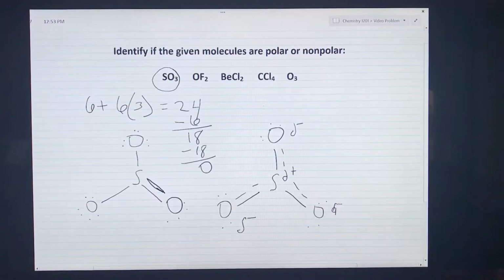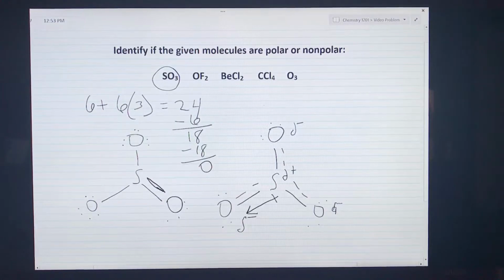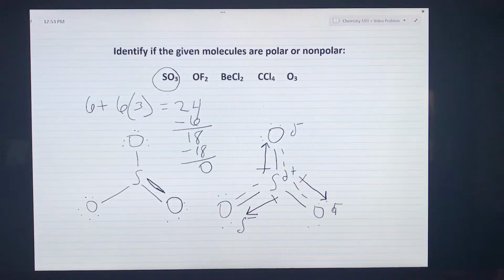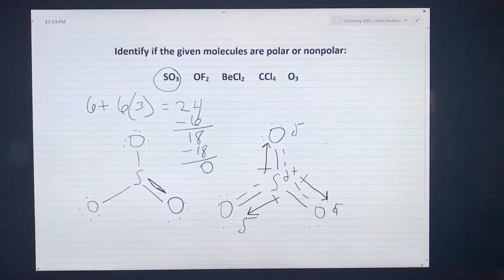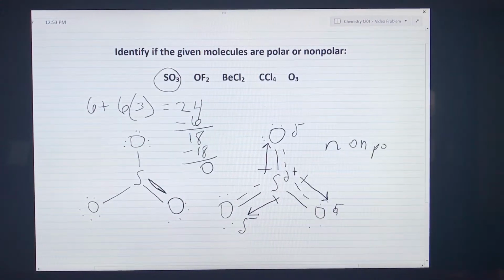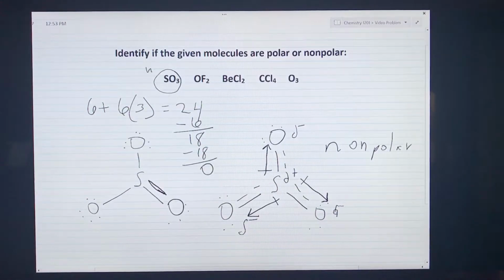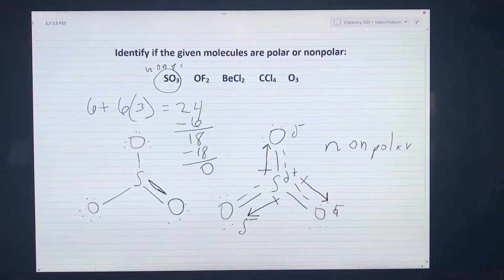The dipoles for this will be pointing away from the more positive one, towards the more partial negative atom of oxygen. And due to this, each one of the dipoles cancels out, so there will be no net dipole, and it will be non-polar. So SO3 will be non-polar.